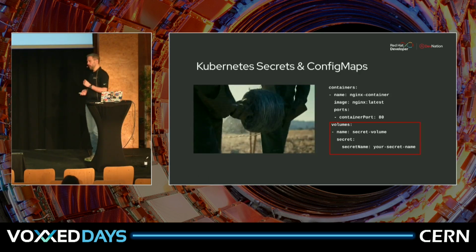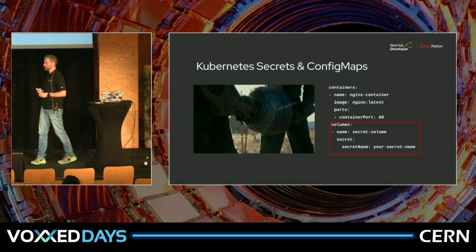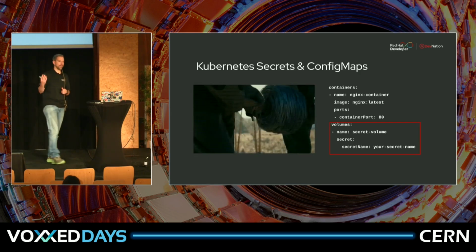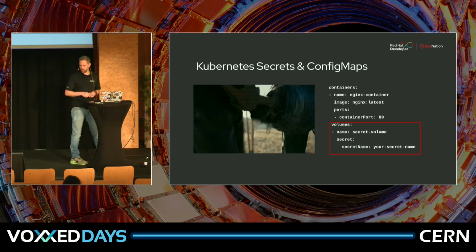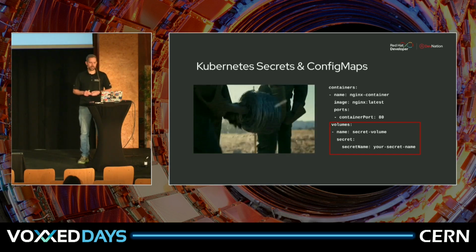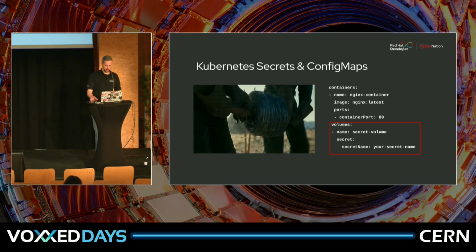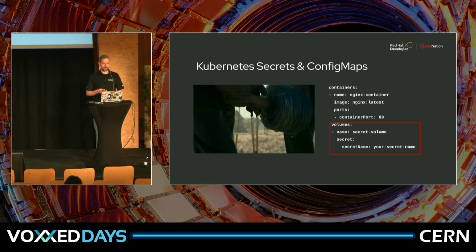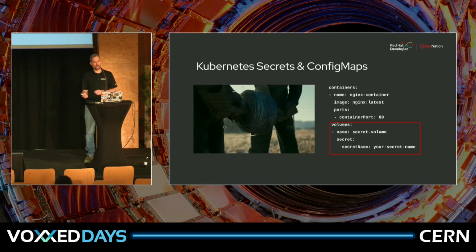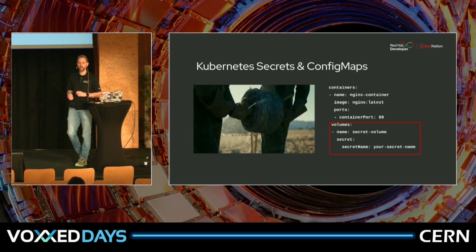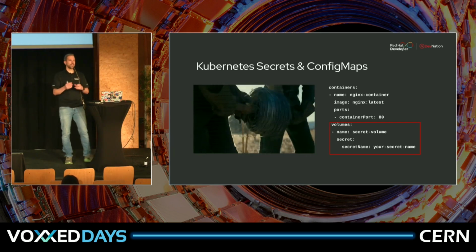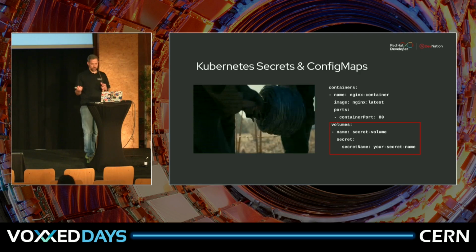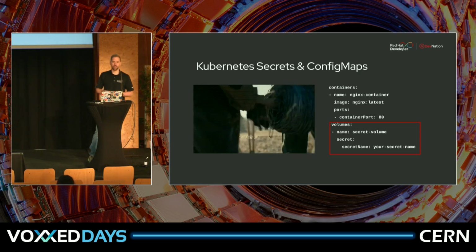Now we've looked at health endpoints. We looked at how to deploy our Kubernetes application. We looked at the resource usage. Another important concept in Kubernetes is secrets and config maps. Config maps are basically a way to externalize configuration values, right?